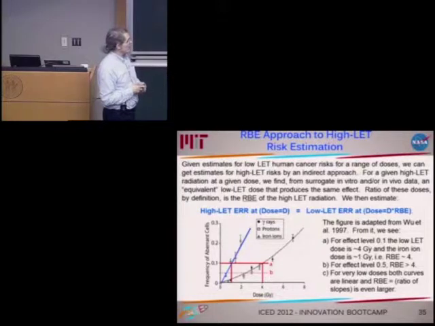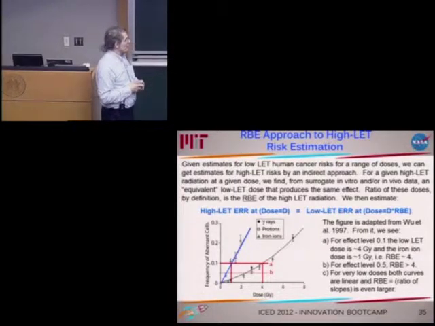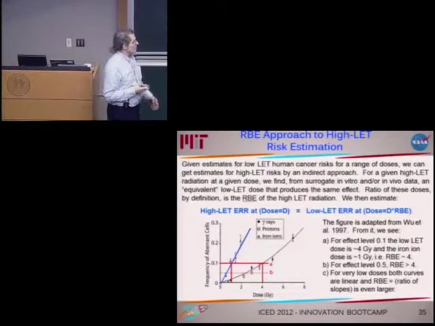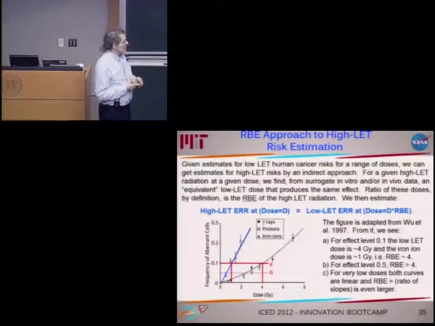They do follow the expected patterns of being more or less linear given the densely ionizing nature of the high LET radiation, and then the low LET forms rather nicely the parabolic shape, the alpha plus beta Gd squared shape. Now, in terms of the surrogate, we can infer, as Frank discussed, a relative biological effectiveness between the low and high LET radiation.